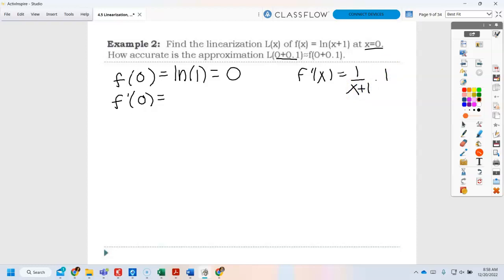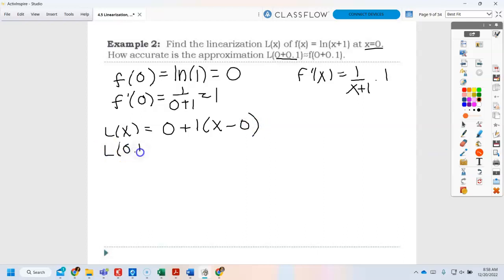So f prime of 0 is 1 over 0 plus 1, so 1. L of x thus becomes 0 plus 1 times x minus 0. So L of 0.1 becomes 1 times 0.1 minus 0, which is 1/10.